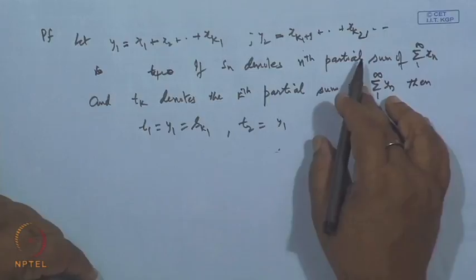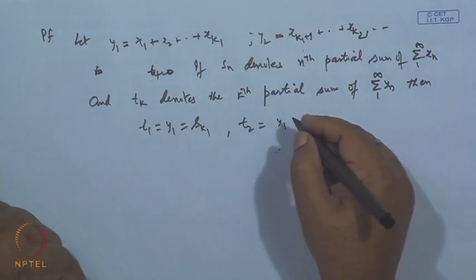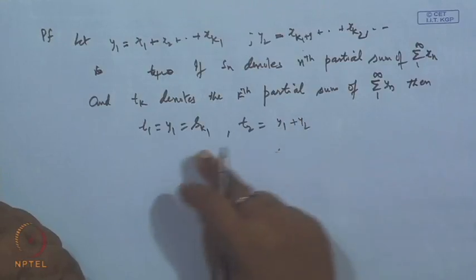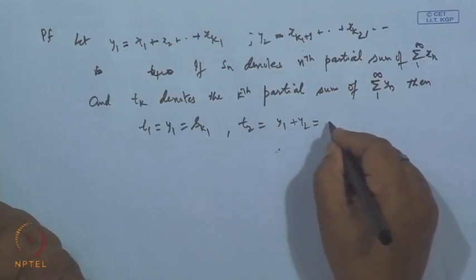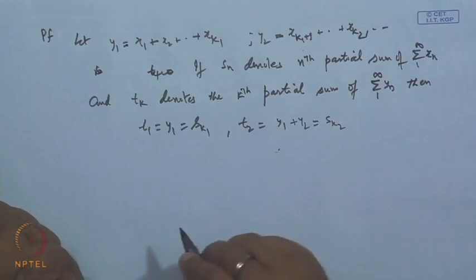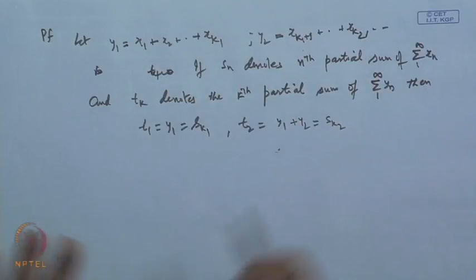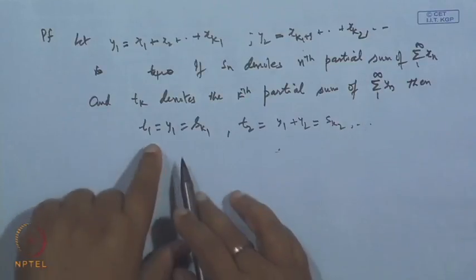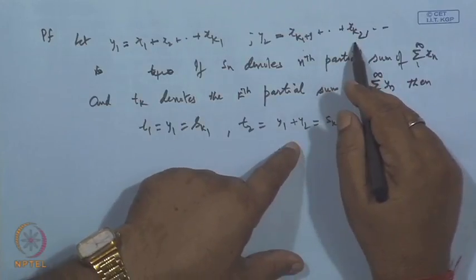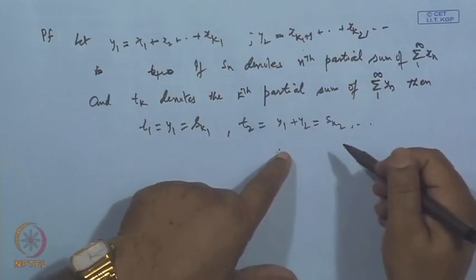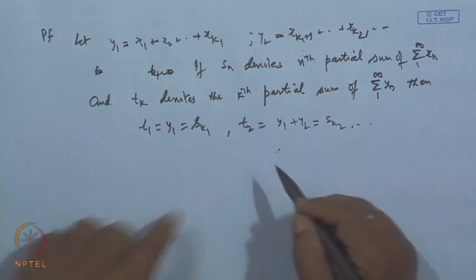If I take the first two terms' sum, what we get is y 1 plus y 2, which is equal to S k 2, and it continues. So the first term is a partial sum of the original series, the second term is also a partial sum of the original series, and the original series is convergent. So this sequence of partial sums will converge, therefore this sequence will also converge.